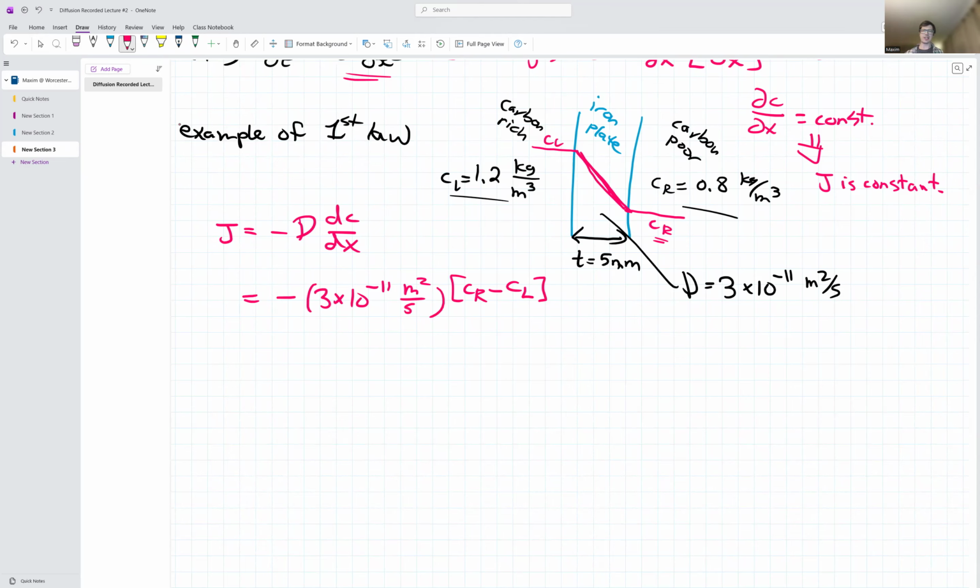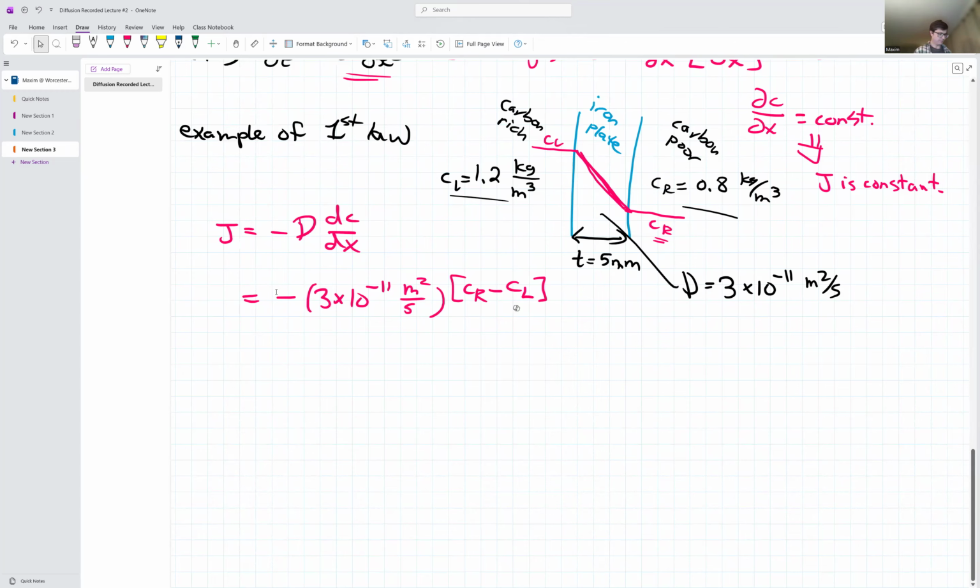That'll actually give us a negative sign because we know that the flux is in the positive direction, right? But this is the difference. You're going down in concentration. So the concentration difference is negative.